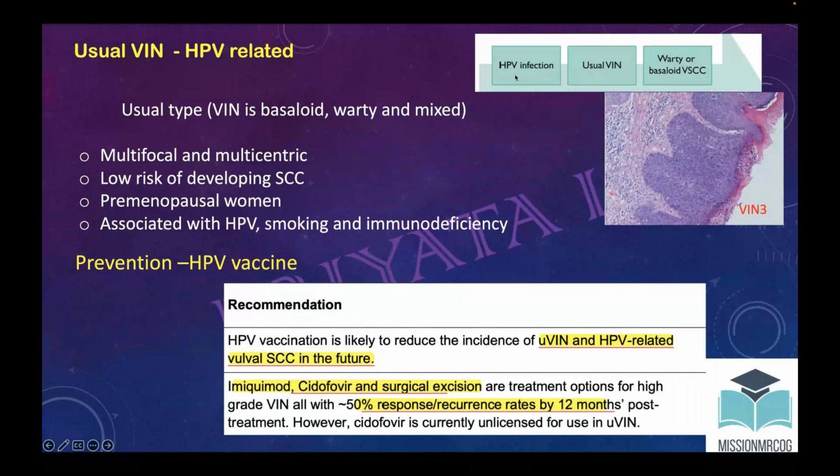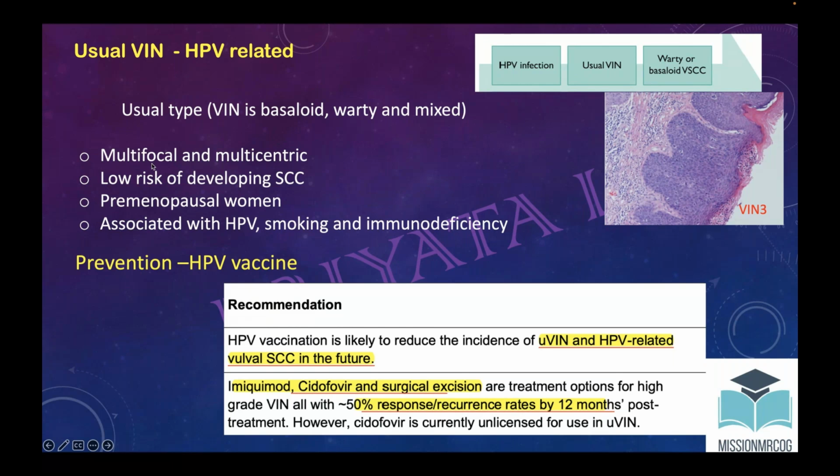And this is the microscopic picture of VIN3, but not important. Now, we know HPV causes multiple lesions, so it would be multifocal. There could be many lesions.